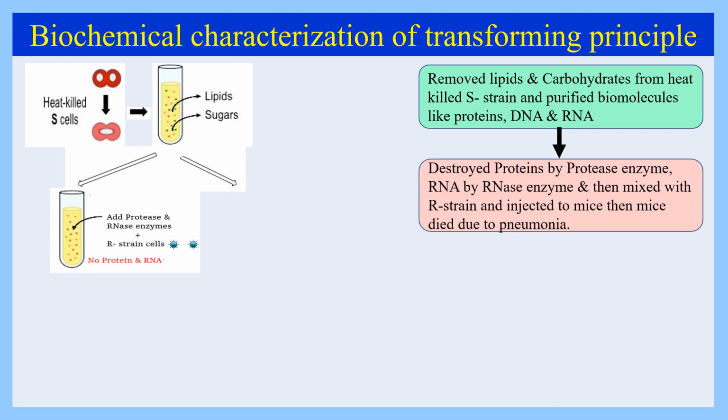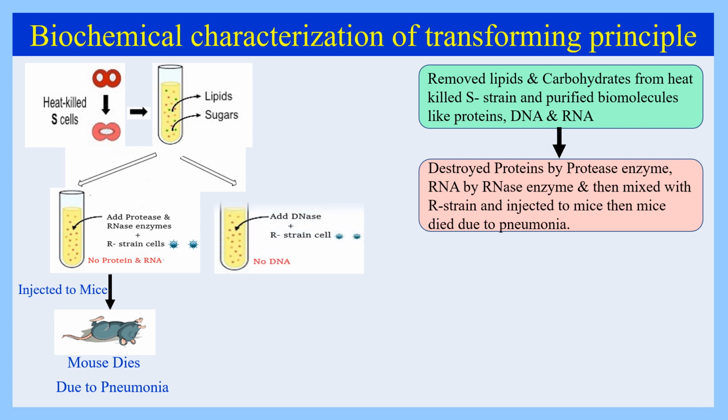Protease enzyme digests the proteins, RNase enzyme digests the RNA. There is no protein and RNA in the mixture, only DNA is present. To that mixture, they added the R strains. Then they injected it into the mice and found that the mice died due to pneumonia.